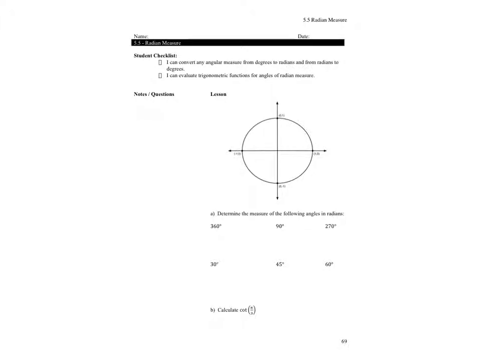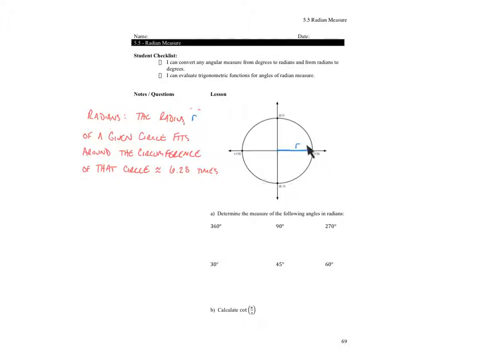So let's talk about, real quickly, what we learned about radian measure in the first place, and just make some notes over here. So this is what we talked about in class. The radius of a given circle. So here's a circle. This is the unit circle, so we actually know that r is 1. But this is true of any circle.